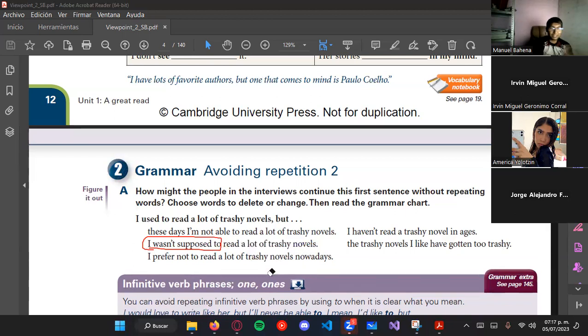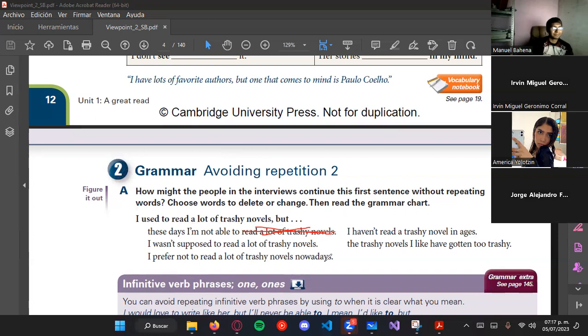Yes, Jorge? ¿Sí quedó claro? Perfect. And guess what? The same works here. We can also delete this and say, "but these days I'm not able to." No soy capaz.